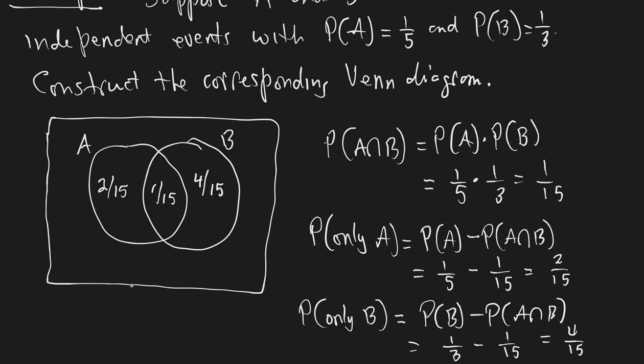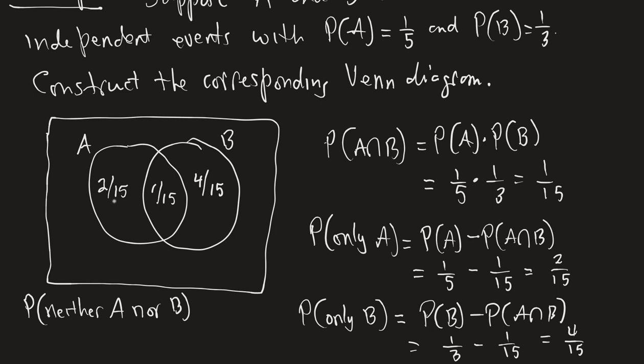And then to complete everything that's not A or B, the probability of, let's say it this way, neither A nor B. We use our first axiom, saying that everything in the rectangle has to add up to 1.